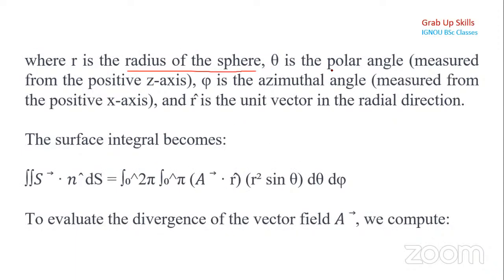And what is theta? It is called the polar angle. What is phi? It is the azimuthal angle. And r cap is nothing but the unit vector. Now we will have the formula for the surface integral. Now we need to calculate the divergence of the vector field A vector.